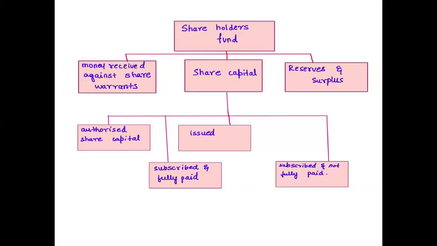The shareholder fund is divided into share capital, reserve and surplus, and money received against share warrants. Now, share warrants are like a fixed deposit. They are issued as a promissory note where the holder of the warrant has the authority to get paid at par when the duration is over.